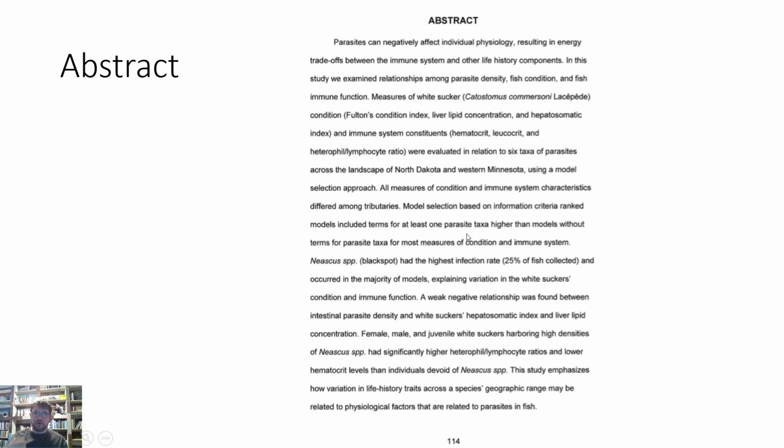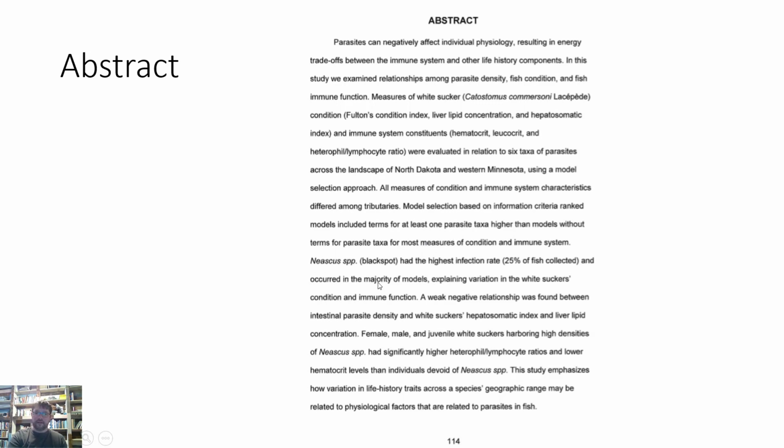You don't need to know what I'm actually talking about, because for most of you this is beyond the scope of what you've learned in biology, but I'm talking about a statistical test that I did, okay, or a way to statistically analyze condition factors and immune systems of fish.